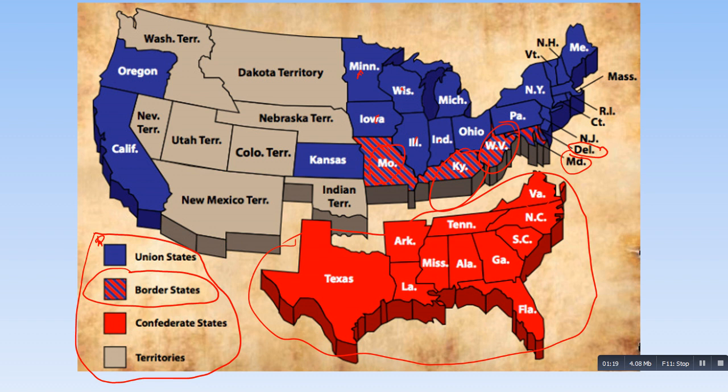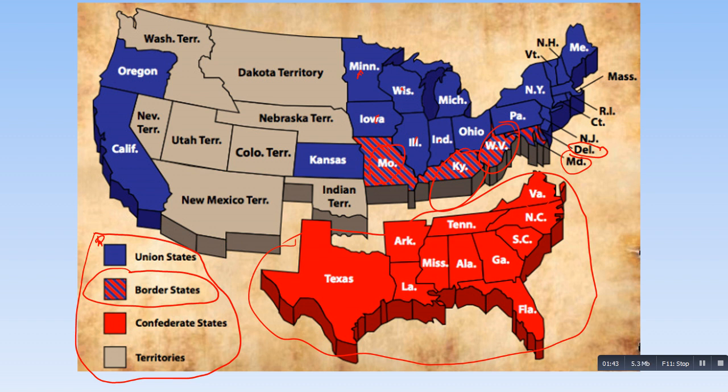So these are the border states, and what's unique about the border states is that they were slave-holding states that actually fought for the Union. And you say, well, gee, that doesn't make any sense. The South is all about pro-slavery, and if they are slave states, why don't they fight for the Confederacy? There were various reasons for each individual state.